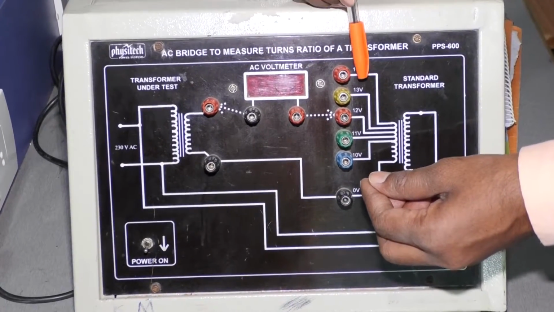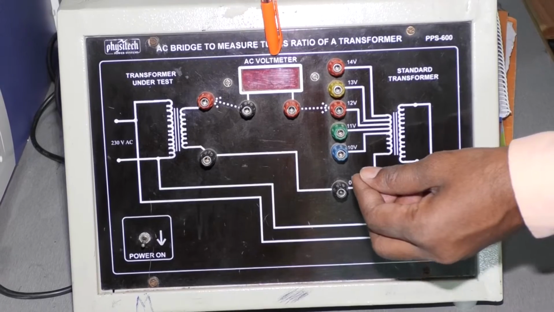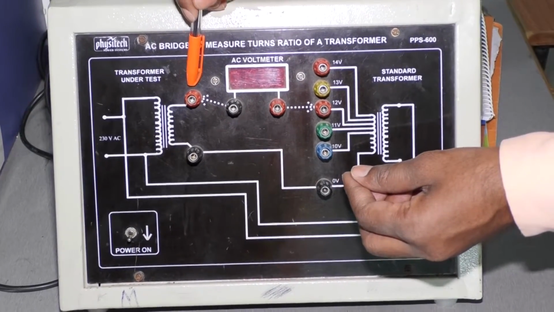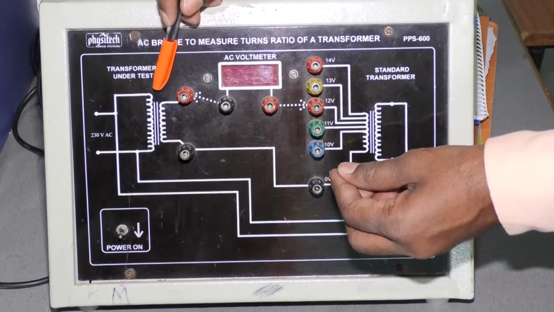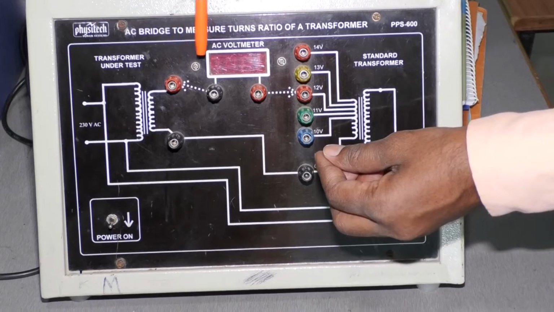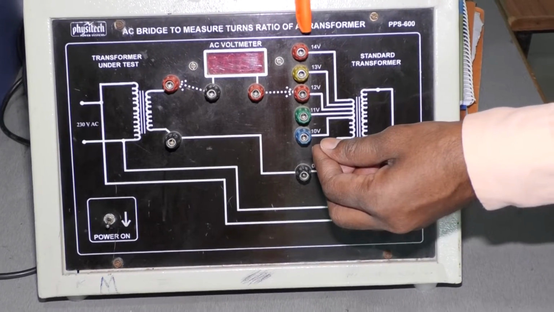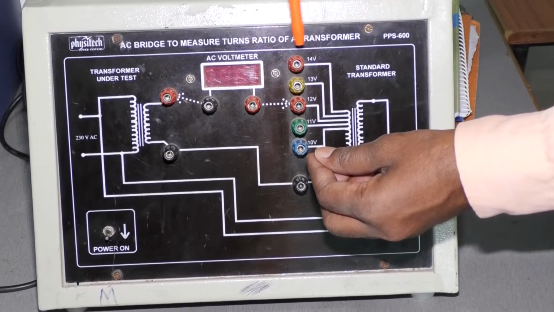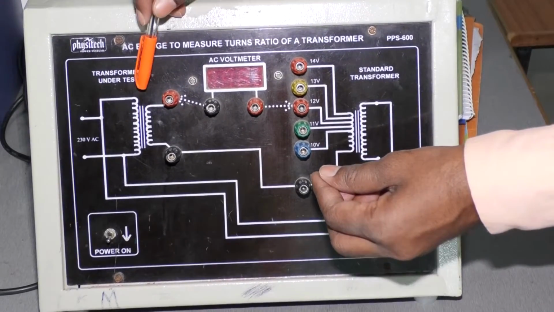So VA minus VB equals the AC bridge reading. Here we need this V2 value, and from that we can calculate N2 by N1, that is the turns ratio. So VA equals the AC bridge reading plus this VB value. In this way we can calculate N2 by N1.